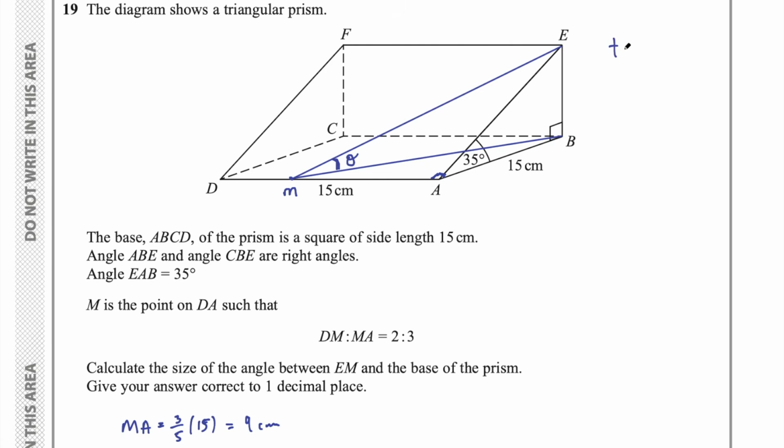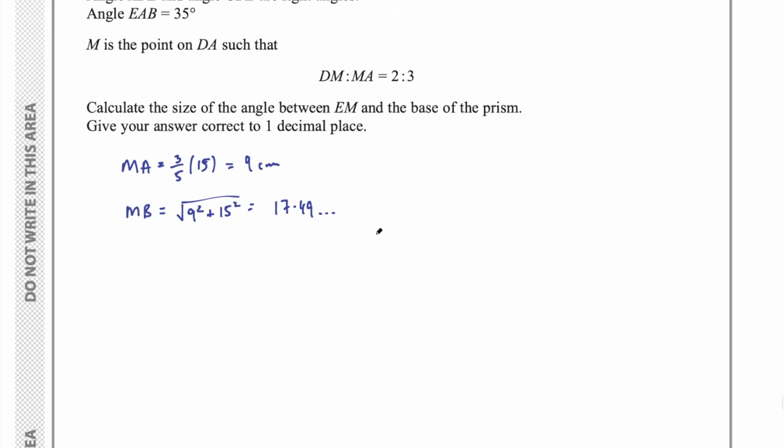Remember, the tan of an angle is the opposite side over the adjacent side. So you rearrange this, you can say that the opposite side is equal to the tangent of the angle times the adjacent side, which is 15. So here we can say the side length EB is equal to tan of 35 times 15.